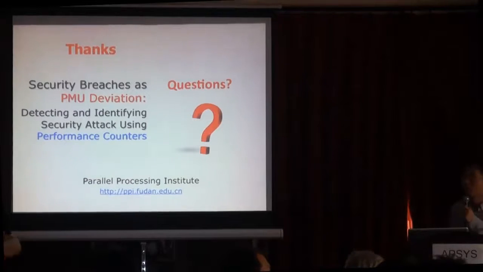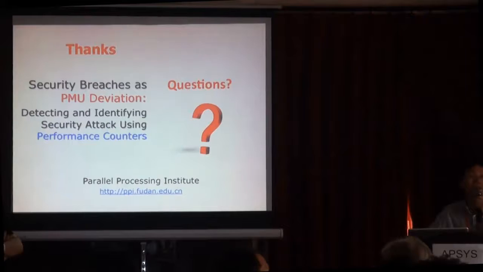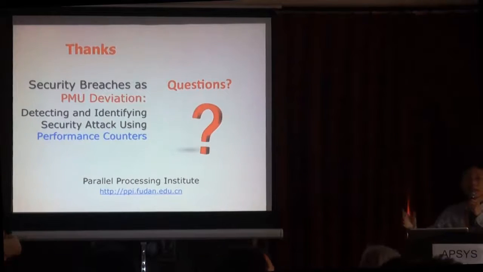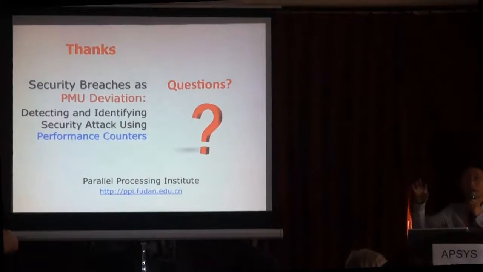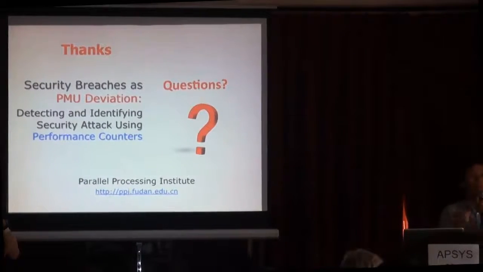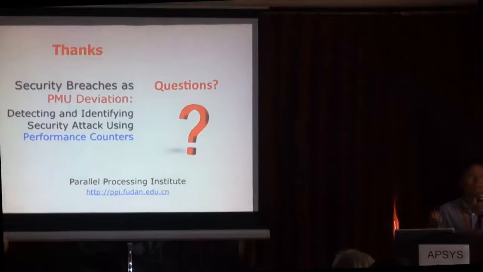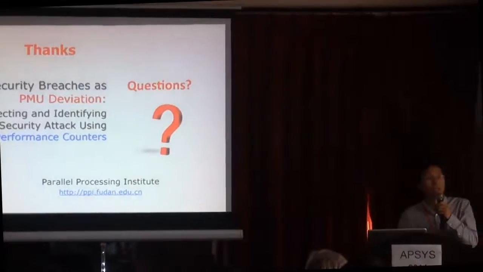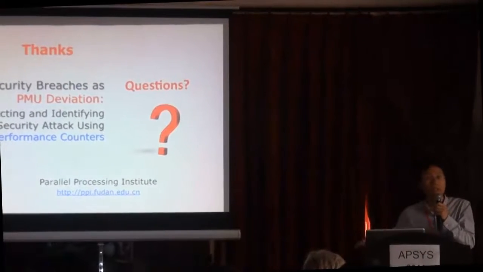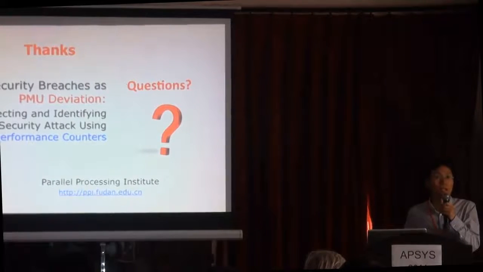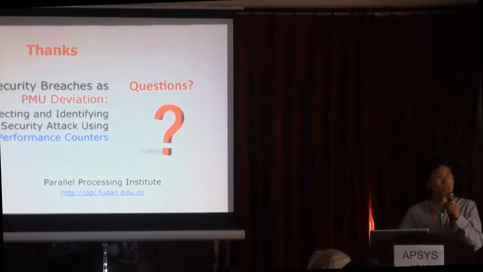Since performance counters are a CPU feature, and dynamic in nature, it basically captures what the program is executing. So if the return address is dynamic, the PMU can basically record the addresses and the control transfers.